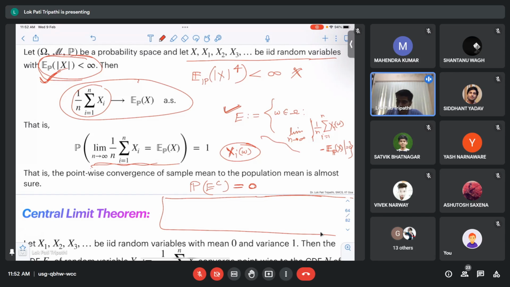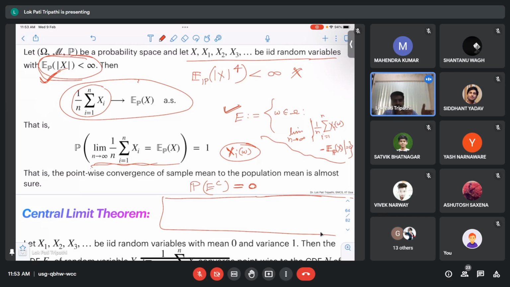Equivalently, the probability measure of the set of points at which the sample mean doesn't converge to the population mean is 0.